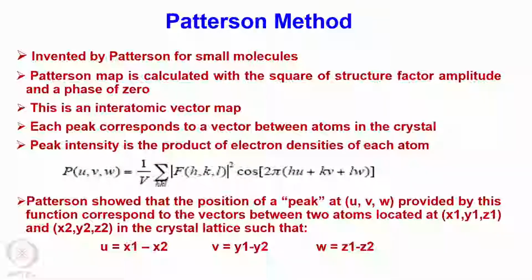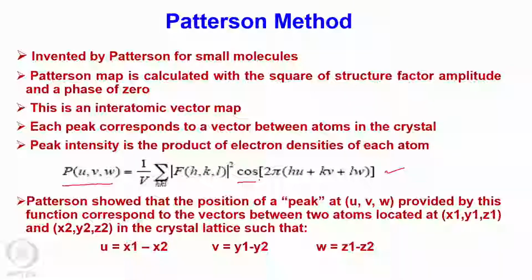So, the Patterson function, P(u,v,w), is defined as this expression: 1 by V sum over |F(hkl)| square cos 2 pi (hu plus kv plus lw). You can see that we just have the cos term, which indicates that the Patterson map is always centrosymmetric.